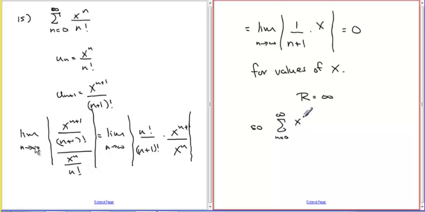So the only time we have to worry about endpoints is when we get some number. So this converges for all values of x. And if I put x in 0.5, that's going to converge.